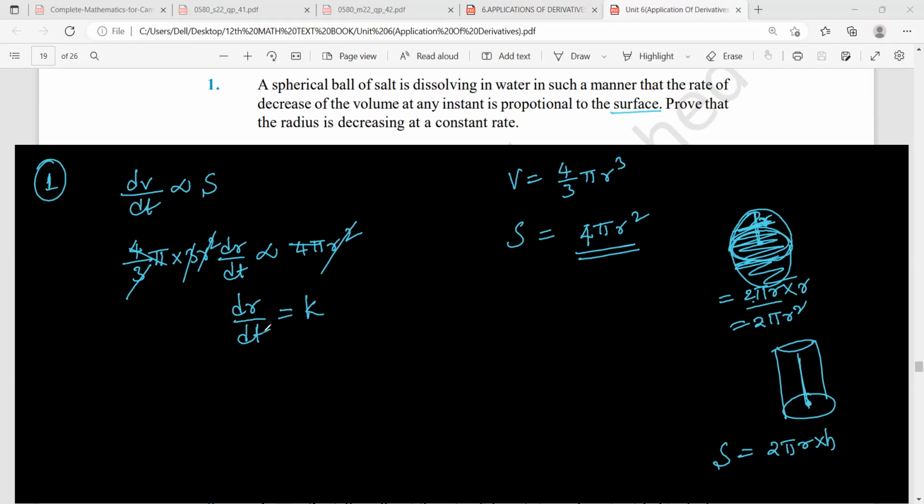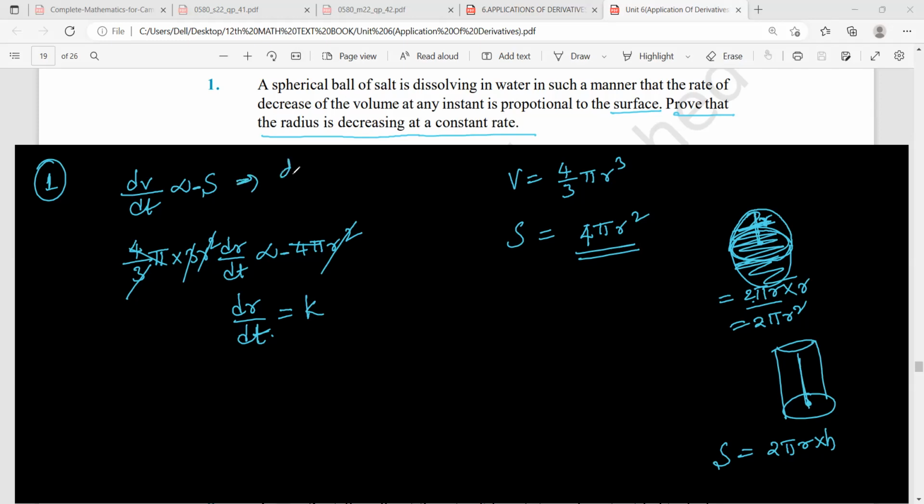Equal to k. So what is it saying? Prove that the radius is decreasing at a constant rate. But the volume is also decreasing, right? So it is minus s.